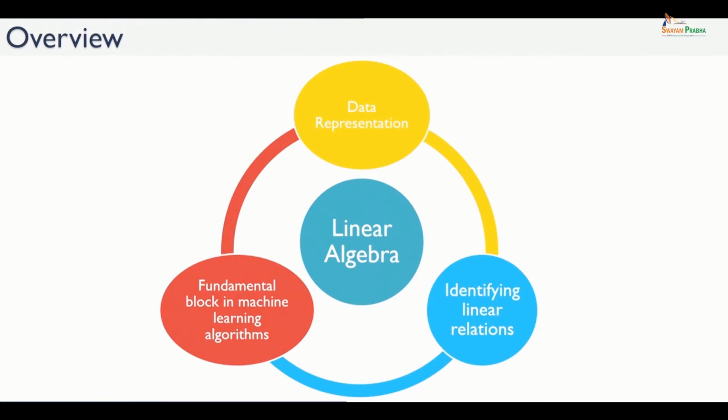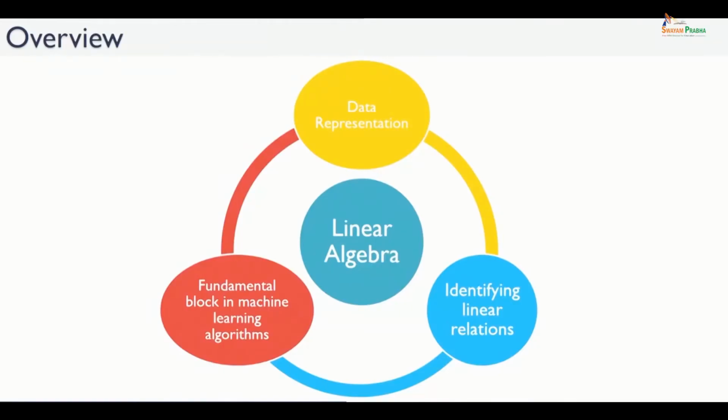The second important thing from a data science perspective is, if this data contains several variables of interest, I would like to know how many of these variables are really important, and if there are relationships between these variables, how does one uncover these relationships? That's also another interesting and important question that we need to answer from the viewpoint of understanding data. Linear algebraic tools allow us to understand this, and that's something that we'll teach in this course.